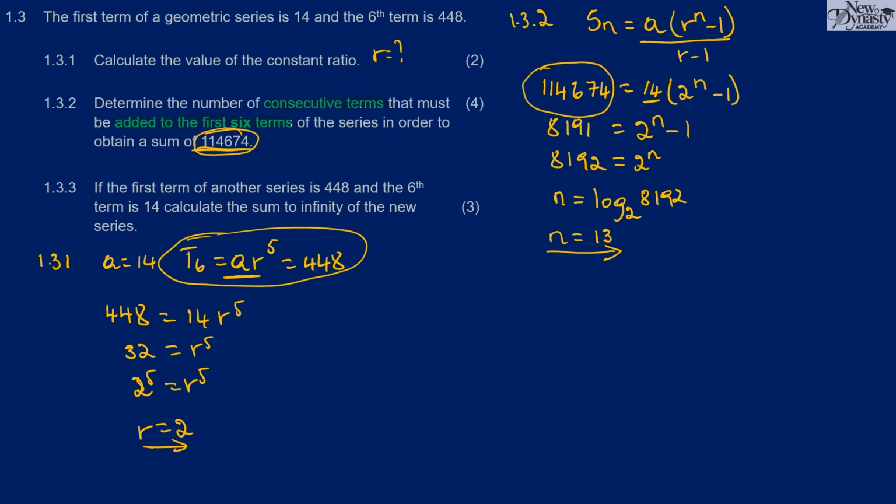So from the 13 here, we're going to subtract 6. Then it means your n is going to be equal to 7. Therefore, we can conclude that only 7 more terms must be added.